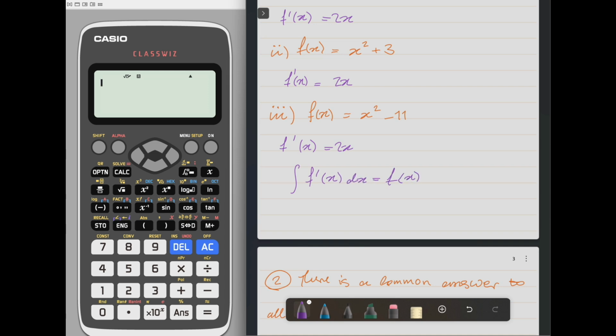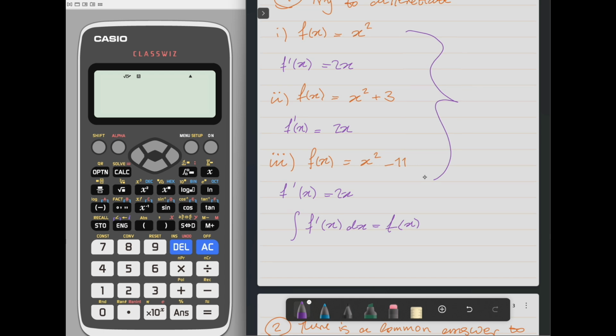This is what I know about integration. But I have a question. If I integrate 2x, which one of these three is going to be my answer? Or any other function that has x squared, like x squared plus 4, x squared minus 100, doesn't matter.